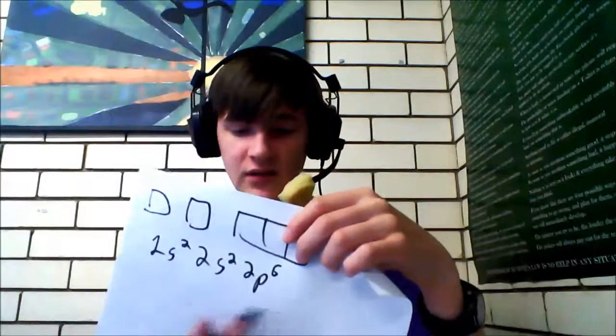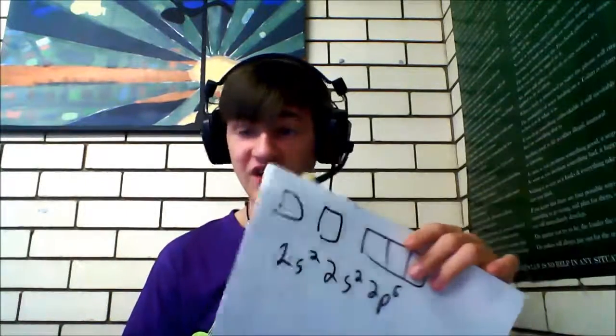Okay. So, yeah, and then as you get further down to where stuff like where lanthanum is, you gotta fill f orbitals as well. And they can hold like 12 or 16. 12. And it's fun.